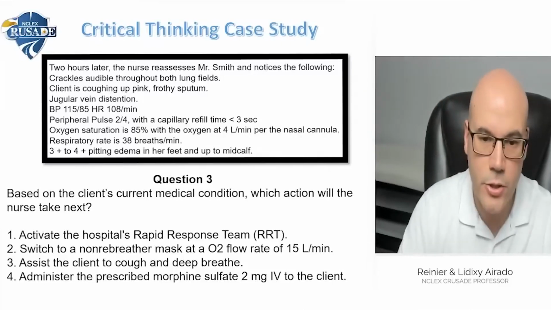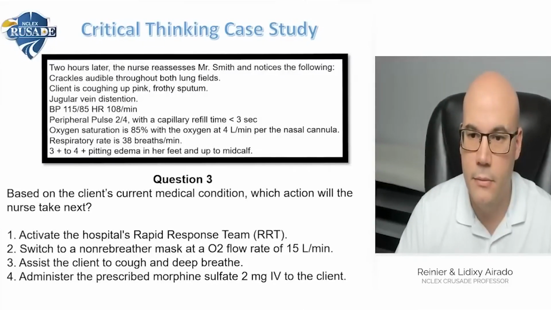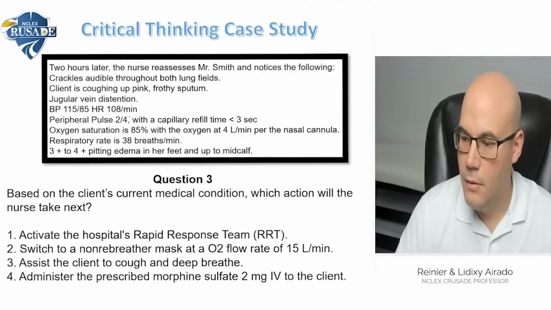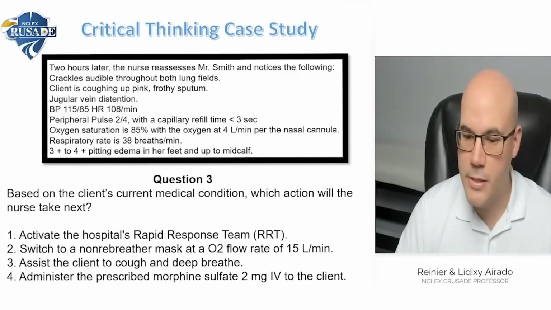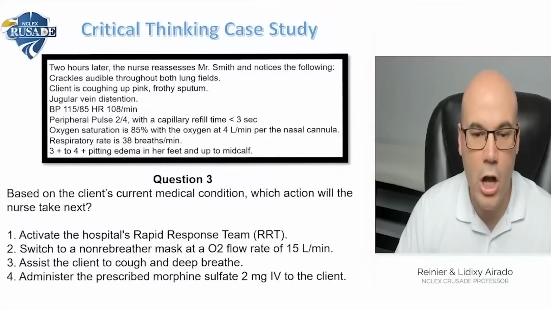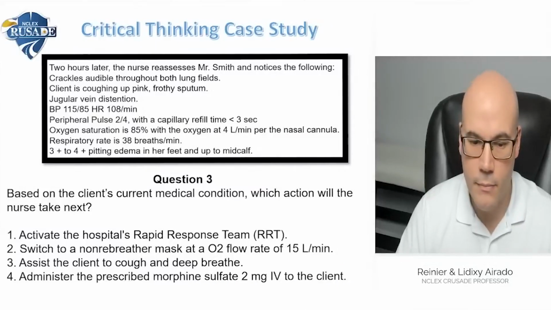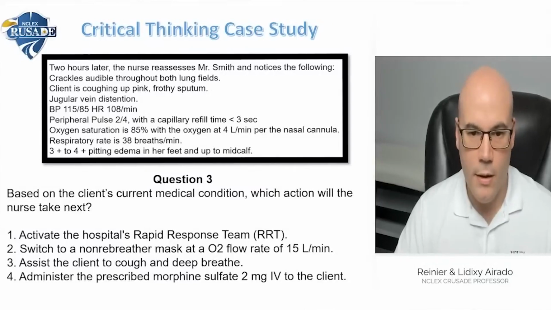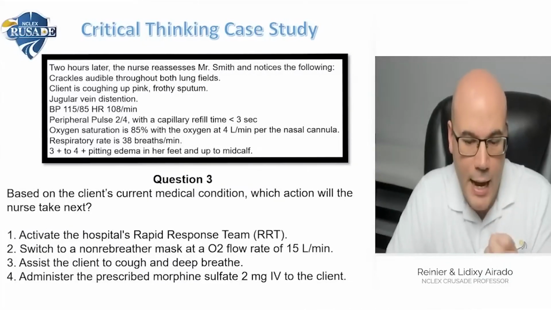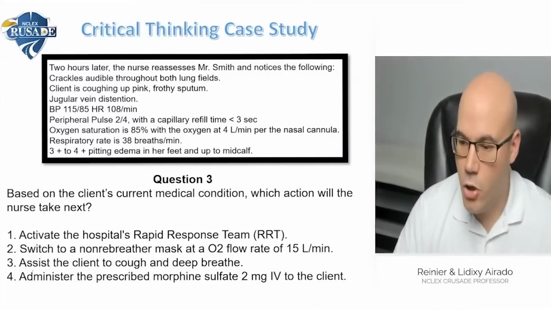So that is the question you need to be asking. So calling the rapid response team is not something that will help the patient immediately. So if I can do something that helps, I need to do that. So number 1 is out of the picture.